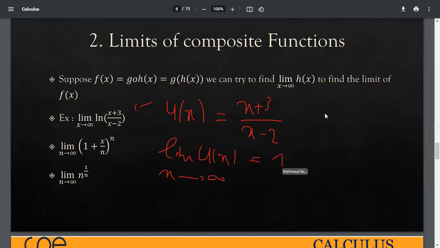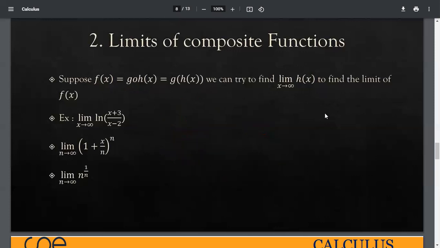And in this case, it's equal to 1. Then I can directly say that the limit of ln of x plus 3 over x minus 2 is equal to ln 1 and is equal to 0 in this case. So here is what I mean by manipulating composite functions.